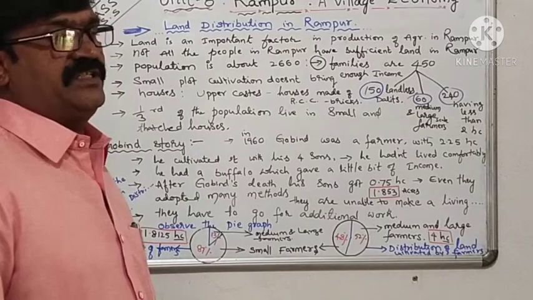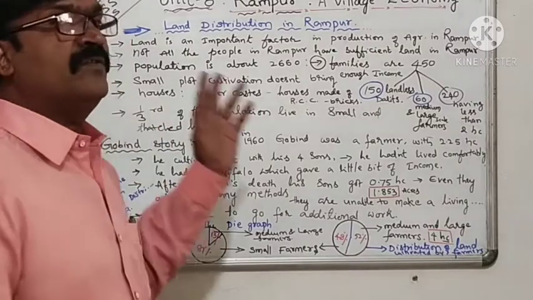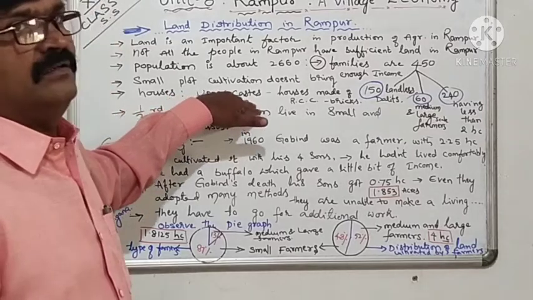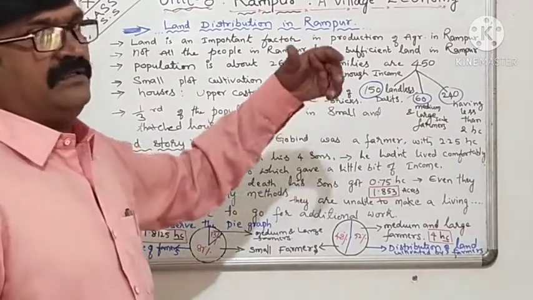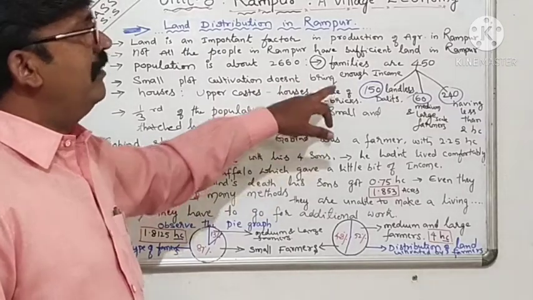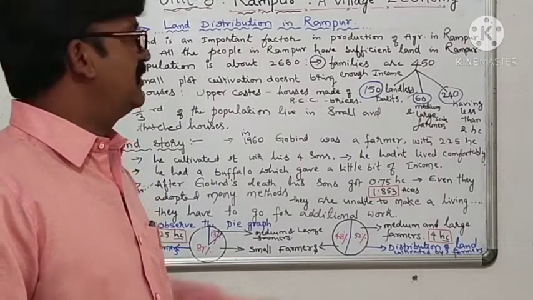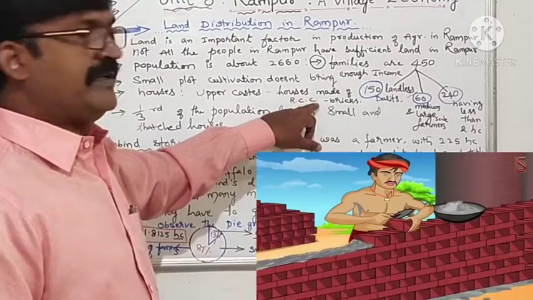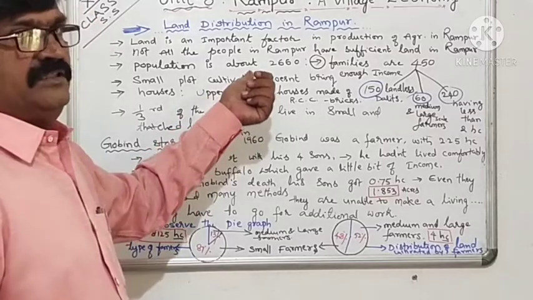And if you go for houses, how they are living there in Rampur, and what kind of houses are there in Rampur. So here upper castes are living, none other than Dalits, none other than BCs, in houses made of reinforced cement concrete, or made of bricks, perfect houses.